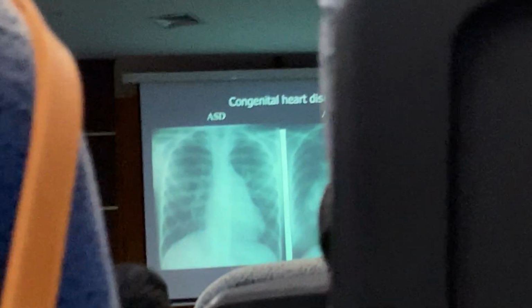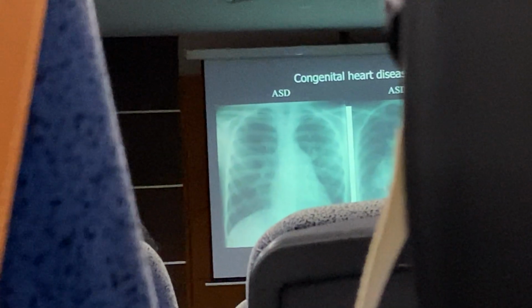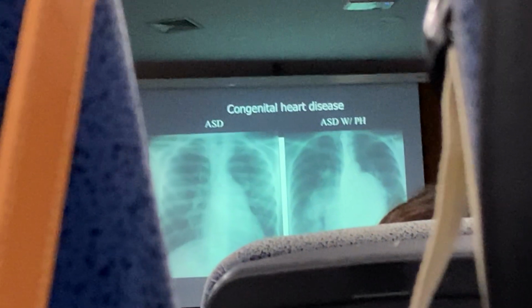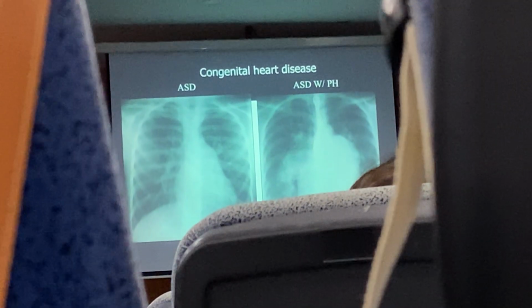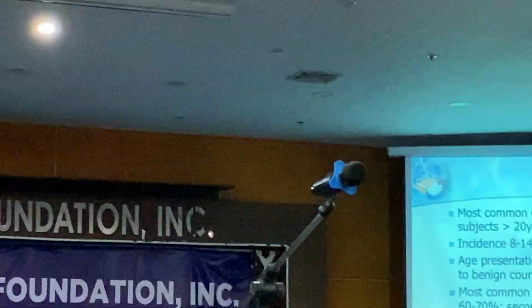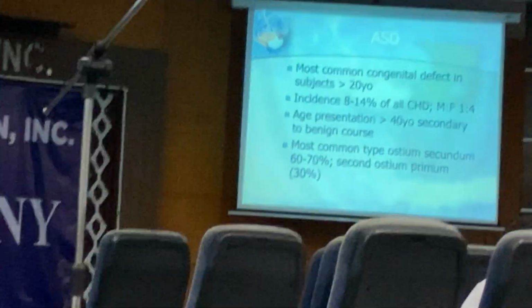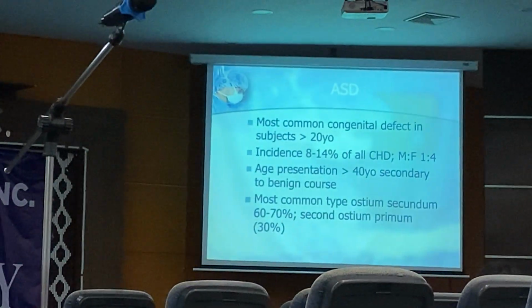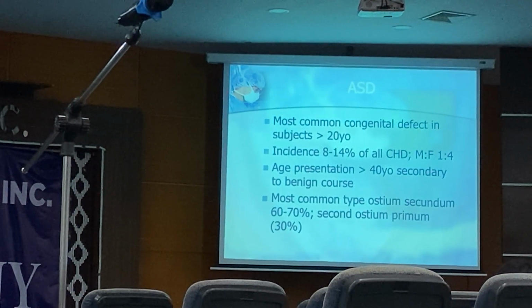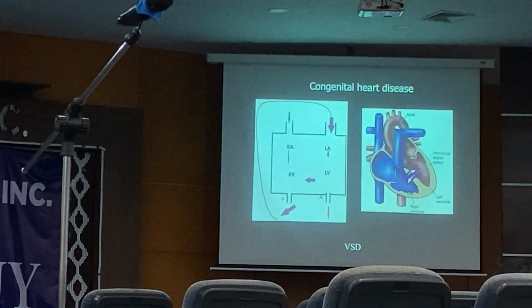And your main pulmonary artery segment is dilated and prominent. So that's an indirect sign that you have pulmonary congestion and right ventricular enlargement as well. So again, just like what I said, this is the most common. Adult CHD is more common in female. Usually, the symptoms would appear in early adulthood.